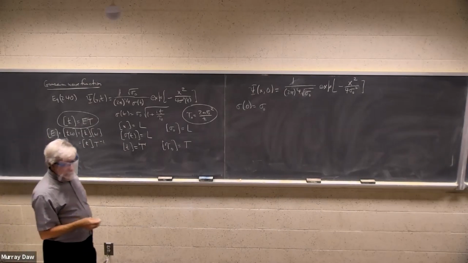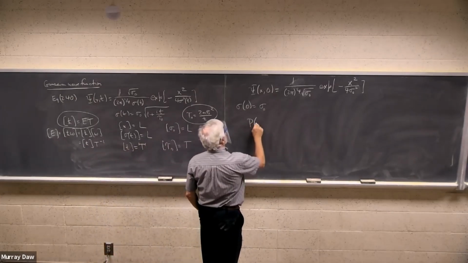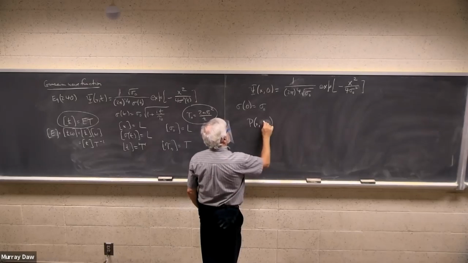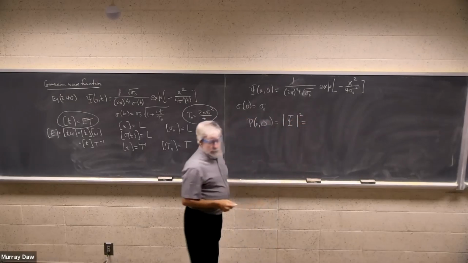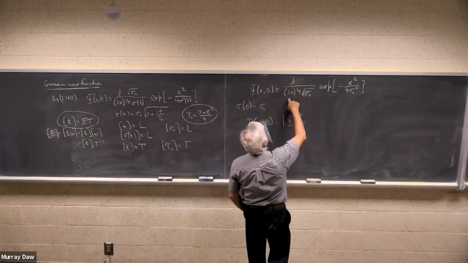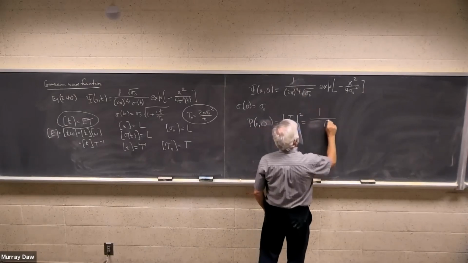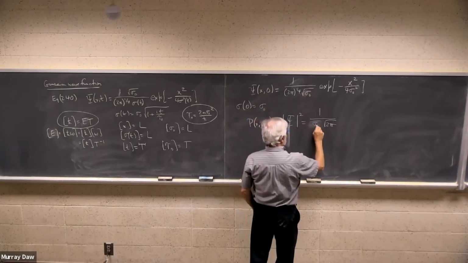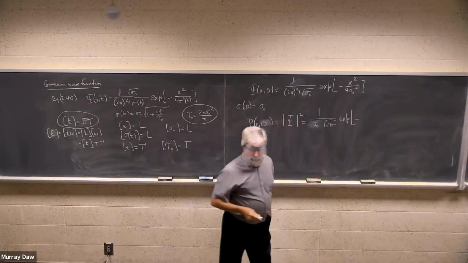All the complex part has gone away. And if we square this to get the probability at t equals 0, it's a real function, so we just multiply it by itself. So this 1 over 2 pi to the 1/4 becomes 1 over square root of 2 pi, and the square root of sigma naught squared becomes sigma naught. This multiplied by itself is a factor of 2.